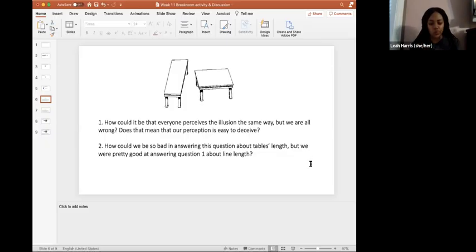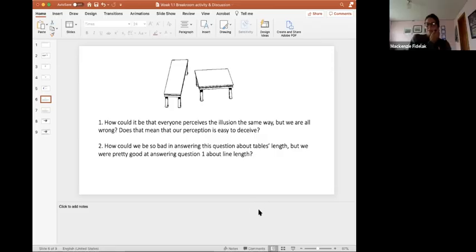Okay. And going off of that, I think that the addition of the lines to make it look like a table probably had a lot to do with it, because it makes us view depth, and that makes it almost more of an illusion, because it's a 2D frame, but we're trying to understand it as three-dimensional.